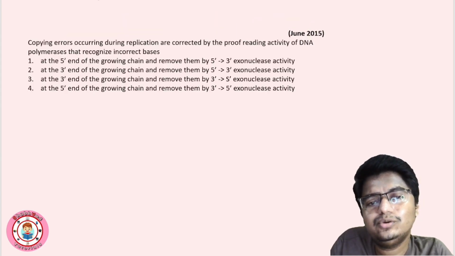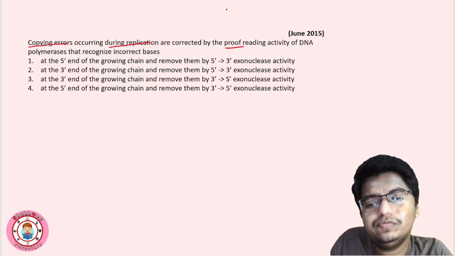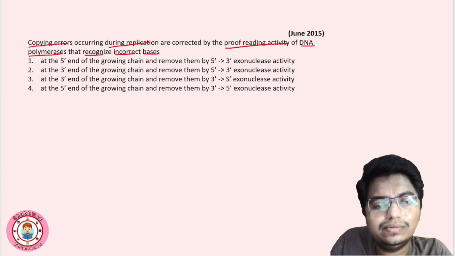First question for today: copying errors occurring during replication are corrected by proofreading activity of DNA polymerases that recognize incorrect bases. Okay, we know proofreading activity corrects the mispairing, right?